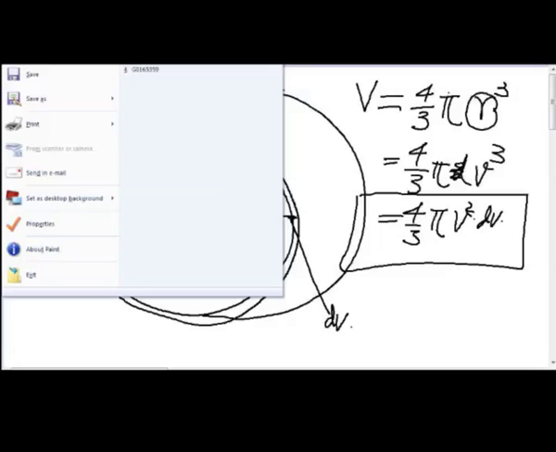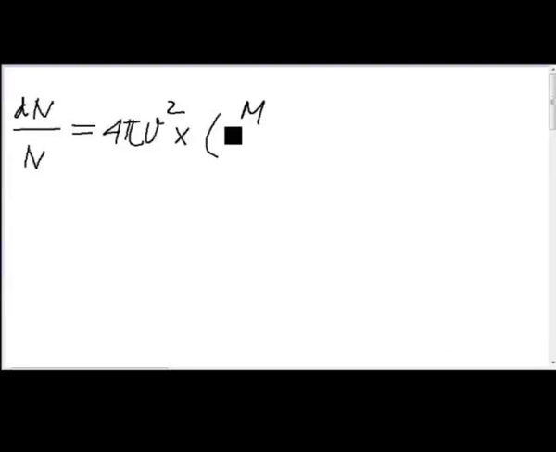Let's recall it. So meaning that our new equation is dN per N is equal to, we have here v squared, times the equation that we have already previously, (m per 2 pi kT) to the power 3/2.